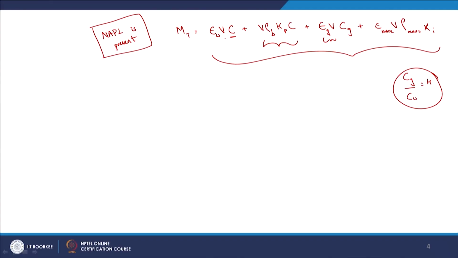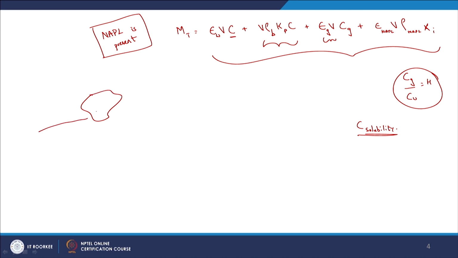You have the pure NAPL present, and that is going to be in equilibrium with your water. Let's say the system may not have reached equilibrium because enough time hasn't passed, but let's look at the case when there is an equilibrium between the NAPL and the water. Then what is the C going to be? That would be the solubility of that particular compound if equilibrium has been reached.